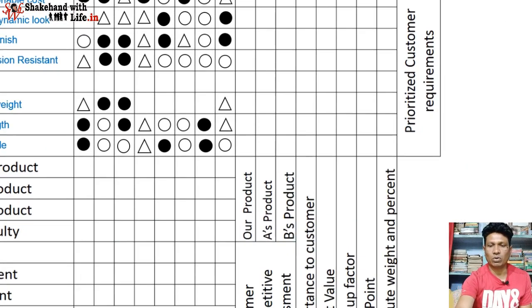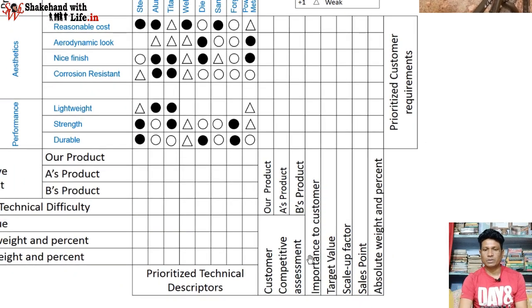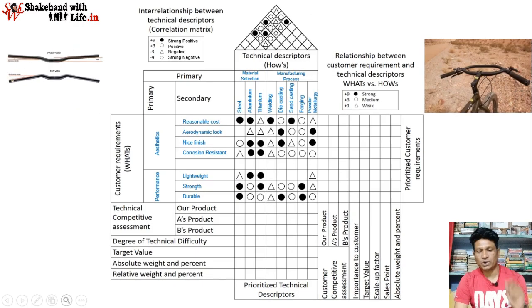Here we have three columns for customer competitive assessment: our product, A's product and B's product. So we study the customer competitiveness for our product, A's product and B's product. A and B are our two competitors.